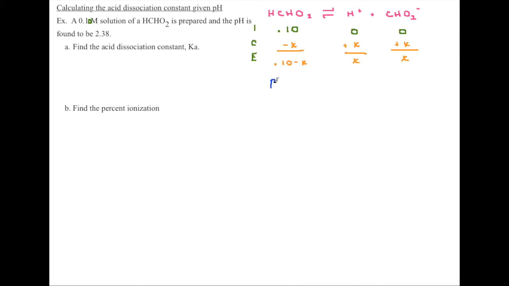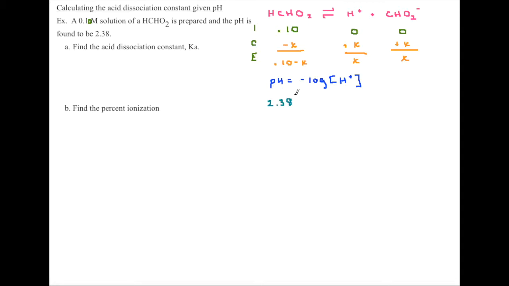Now, the other piece of information that I know is that my pH is 2.38. So since I know that my pH equals the negative log of my concentration of H+, what I can actually do is plug my pH into this equation to calculate the equilibrium concentration of my hydrogen ion. So I know my pH is 2.38.